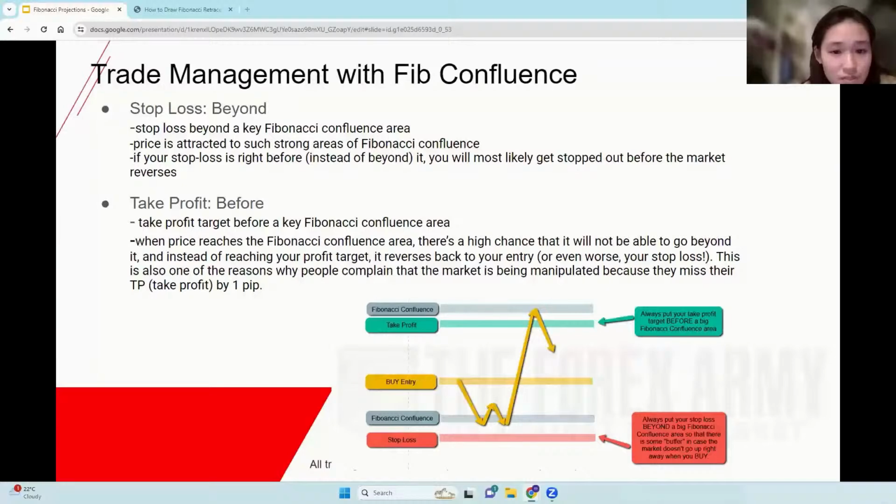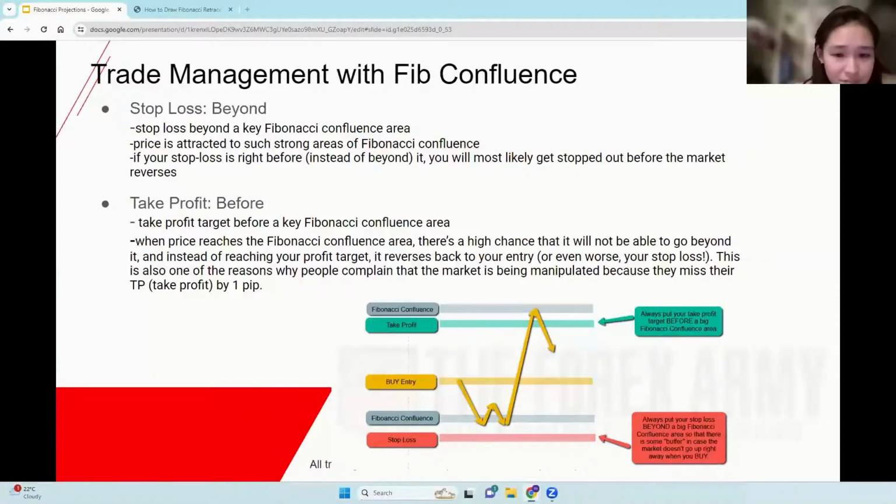For stop loss, the reason to place it beyond is because more often than not, price is attracted to such strong areas of Fibonacci confluence. So if your stop loss is right before instead of beyond that confluence area, you'll most likely get stopped out before the market reverses. That's also one of the reasons why people wonder why they got stopped out right when the market starts to reverse and then complain about stop hunting.